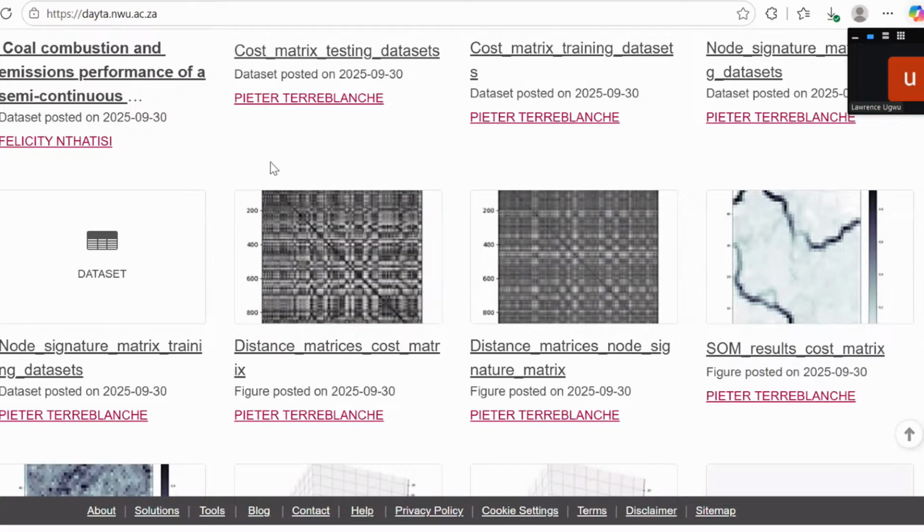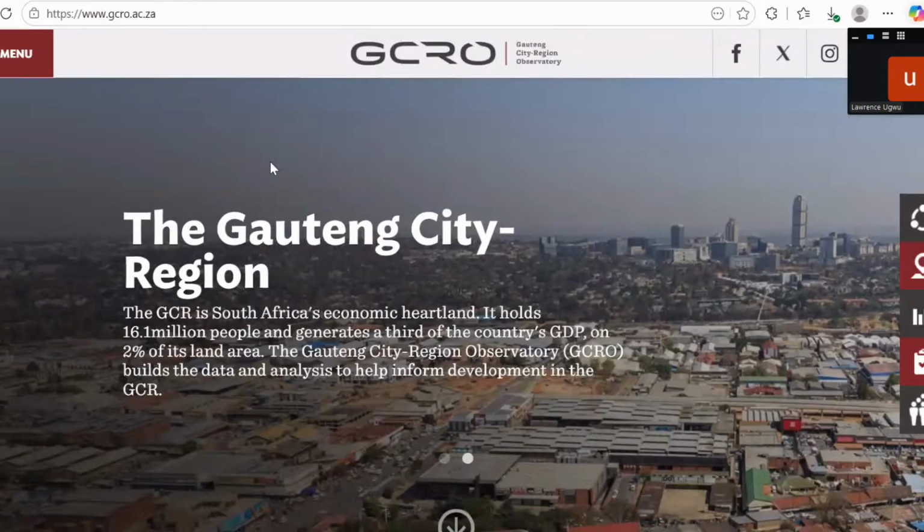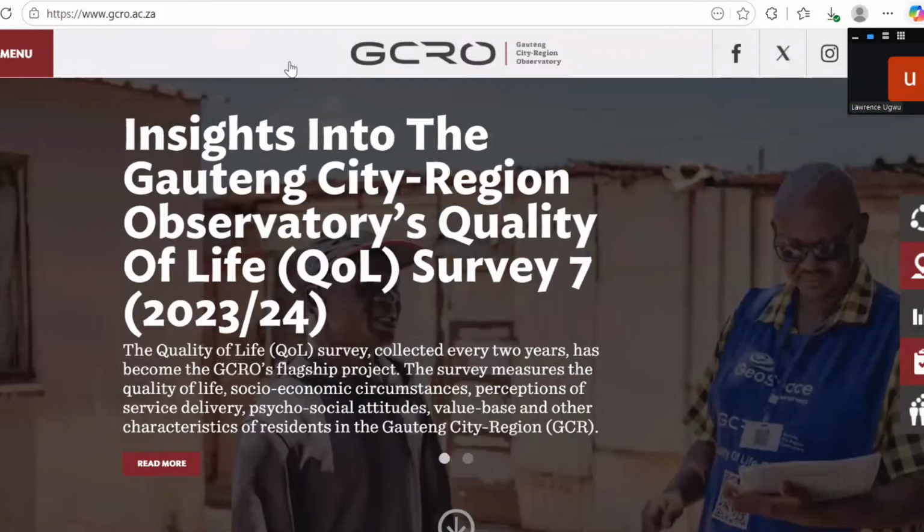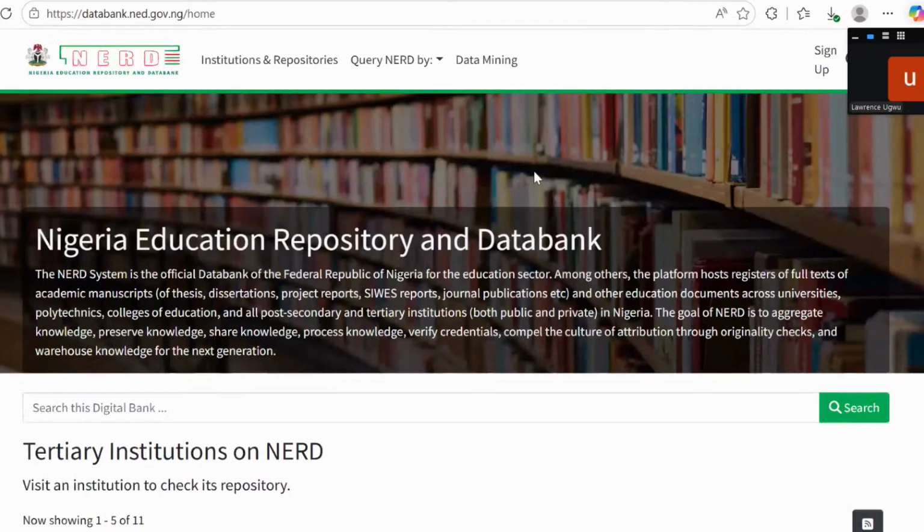Now, why I'm complaining is that Nigeria has so many platforms that, should I use the word pretend, say they collect data and are repositories for data, like the NBS, the Nigeria Education Repository Database, Data Bank. Then this is GCRO, the Gauteng City Region Observatory Quality of Life Survey.